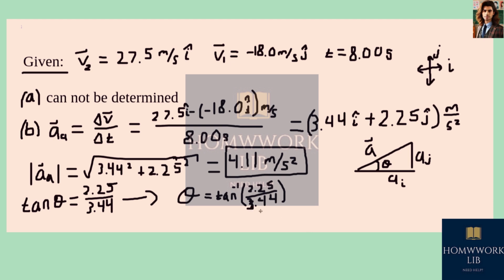If you carry that out, you'll find that the inverse tangent of 2.25 divided by 3.44 is 33.2 degrees.